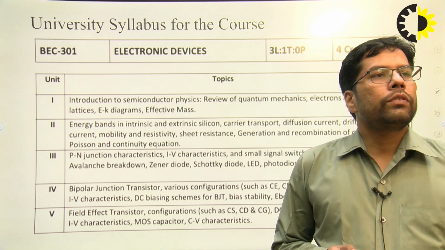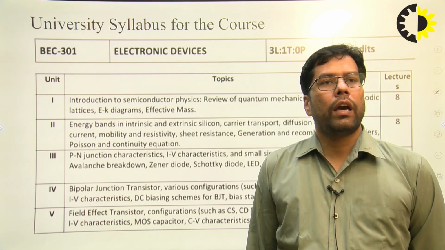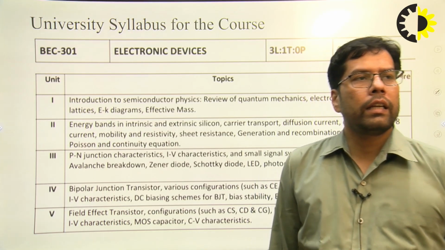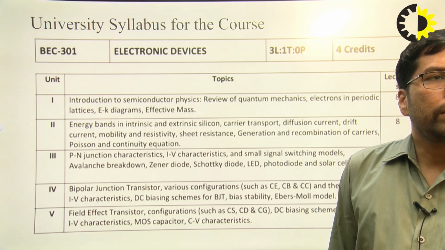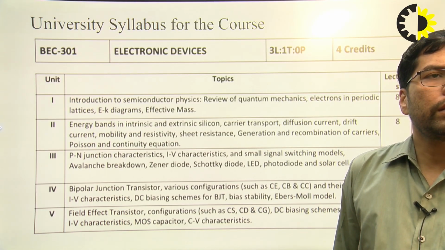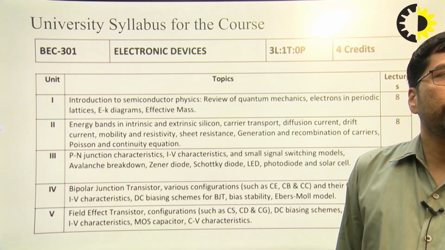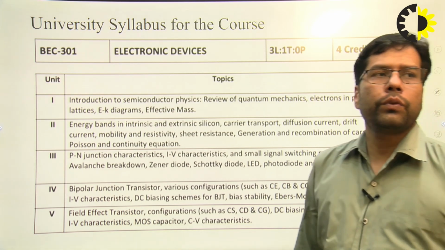As you can see, the first unit is related to semiconductor physics, where we will study quantum mechanics, and the second unit is related to intrinsic and extrinsic silicon, where we will learn about the diffusion process and drift process, and drift current and diffusion current.